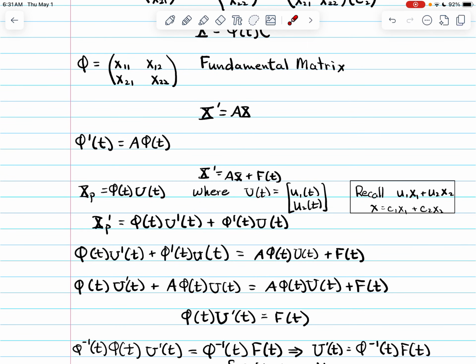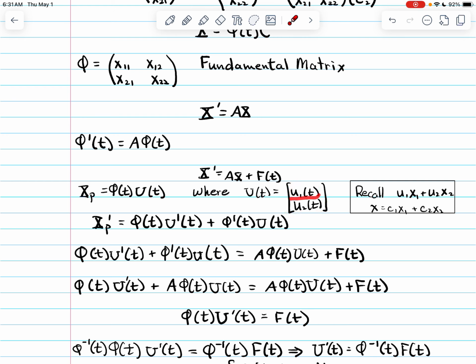Now, consider the non-homogeneous system, this right here. Okay. And let's speculate that there is a solution. This particular solution is phi of t times this capital U of t, which is like this.